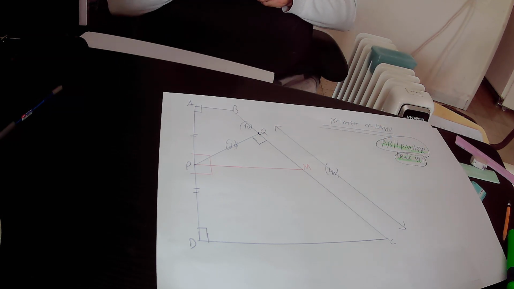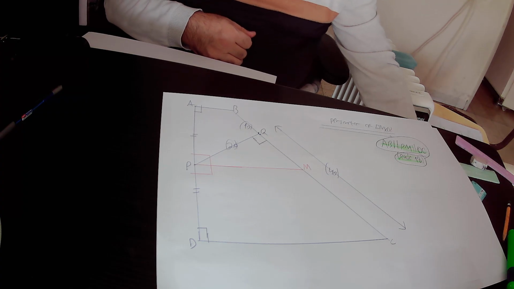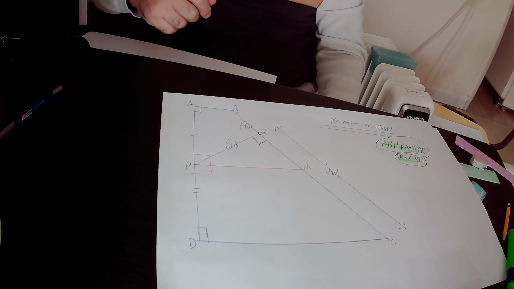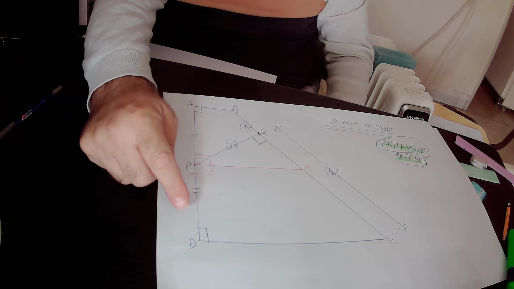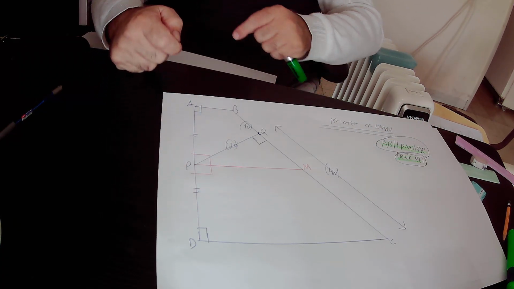So here we can implement the basic proportionality theorem that talks about those two line segments AD and BC that connect the three parallels together.